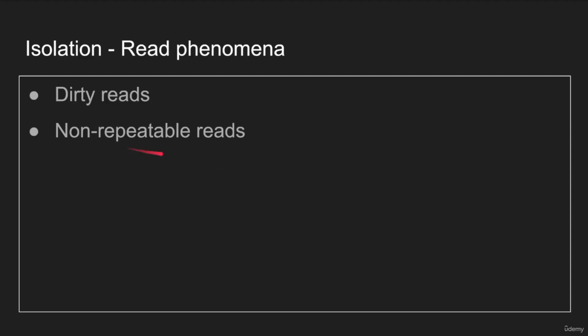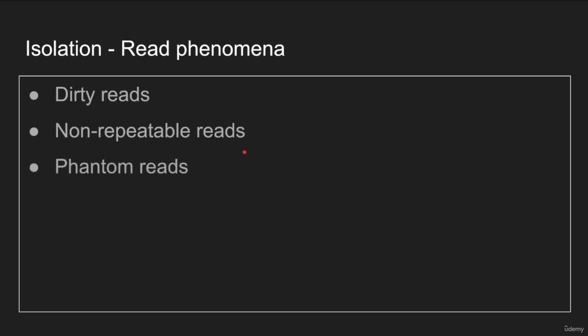So a non-repeatable read is when you read something and then try to read the same value again, and it changed. It was not repeatable within my own transaction. Some people find this undesirable. I'm going to show you an example of that.